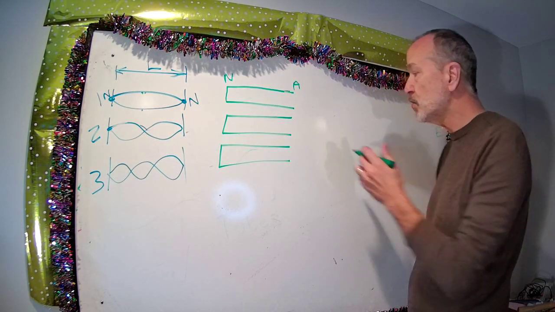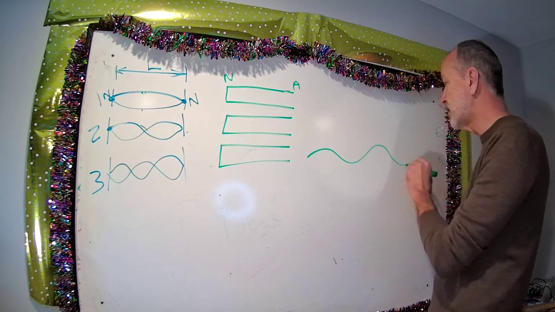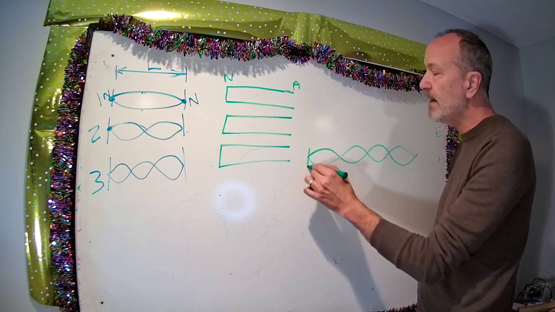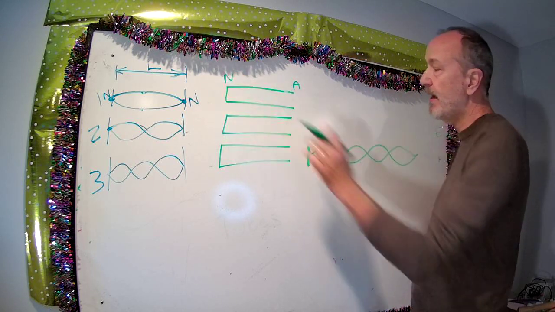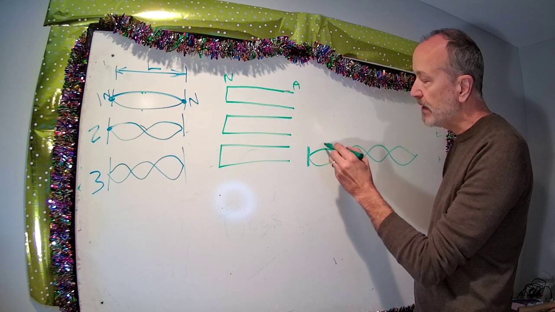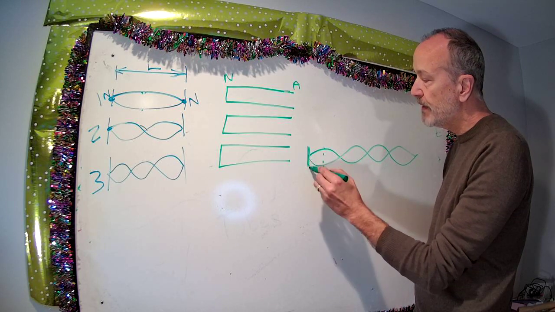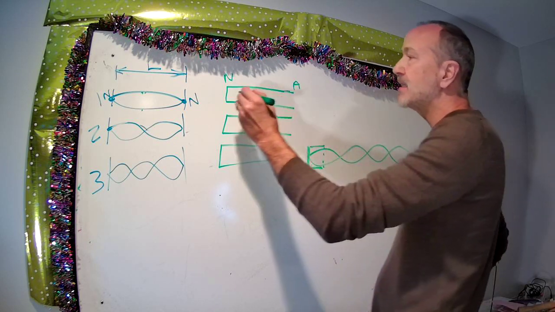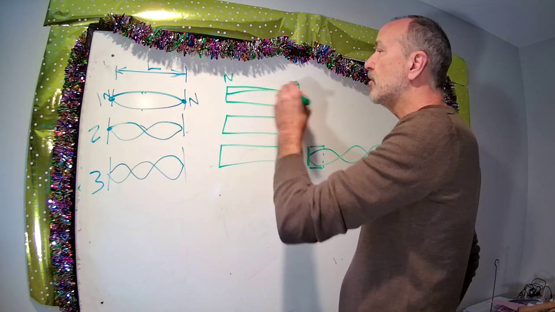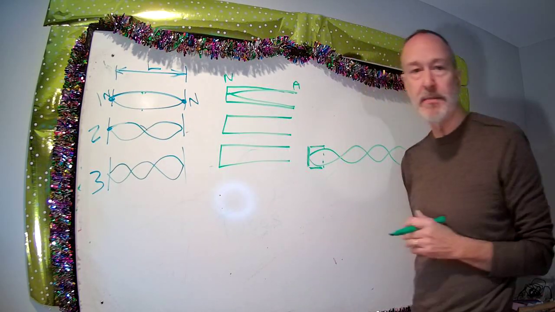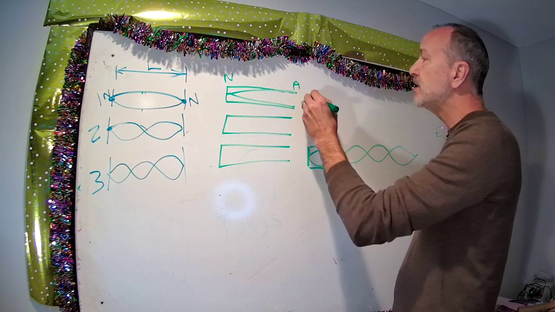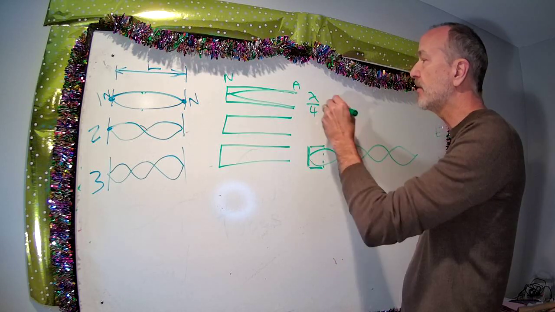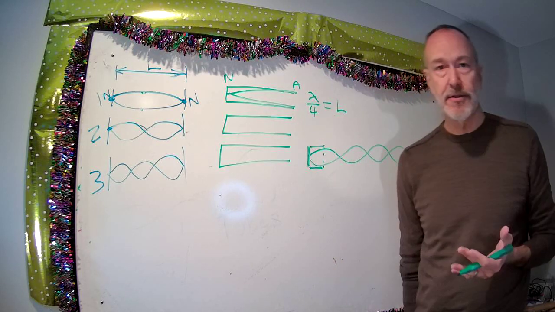So the longest wavelength, again, let's draw our wave like this. The longest wavelength, if that is where that node is, is going to be a tube that ends here. So think of drawing that stretched out, to the next antinode, the closest antinode. So there's your fundamental. Notice that 1/4 of a wavelength is equal to the length of the tube.